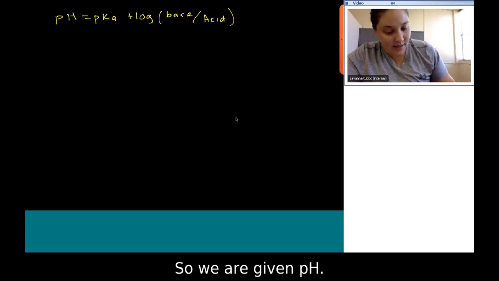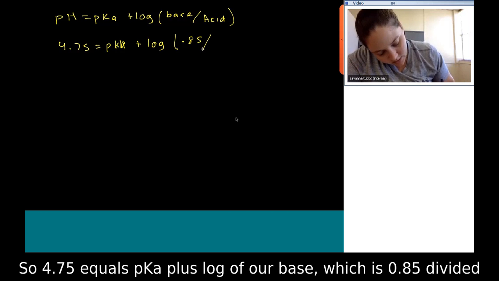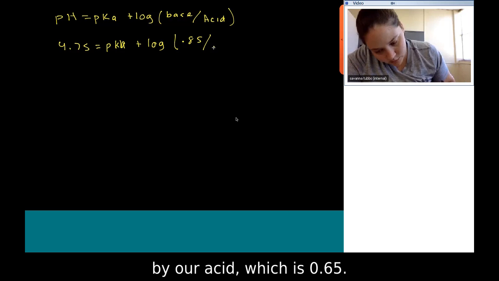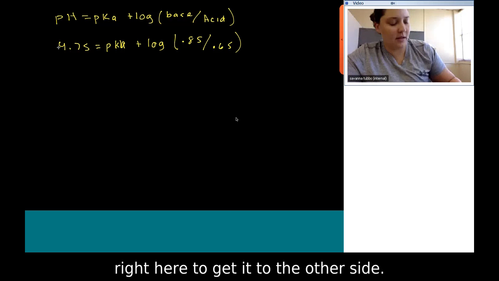So we're given pH, so 4.75 equals pKa plus log of our base, which is 0.85, divided by our acid, which is 0.65. And we can rearrange this by subtracting this whole section to get it to the other side.